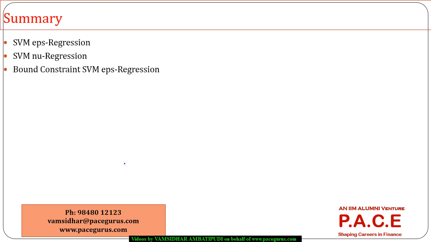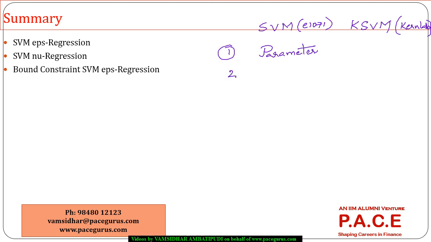So that's how I can very well go ahead with the different algorithms. So the kind of options that we have, whether it is the SVM function of the e1071 package or the KSVM function of the kernlab package, there are so many things for us to customize. One, the parameters, the sigma, the epsilon, the nu, right?